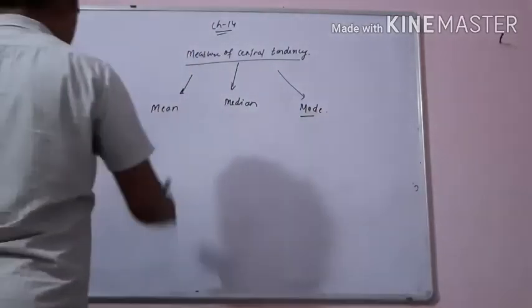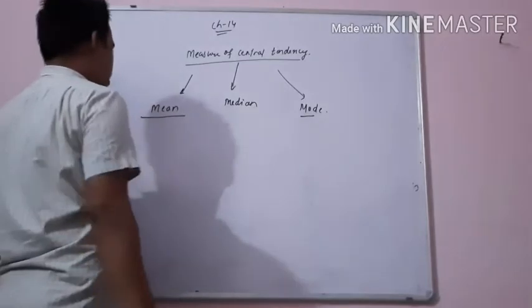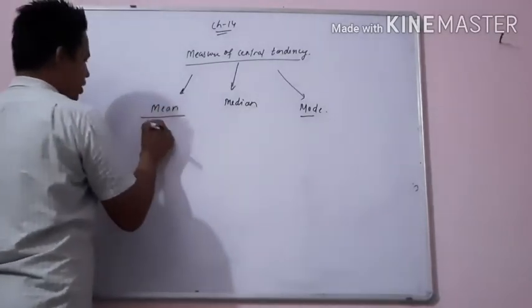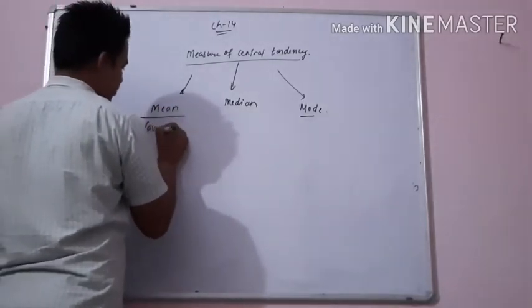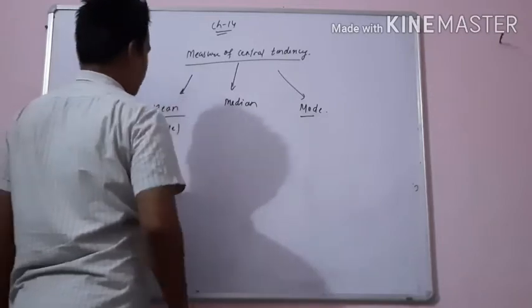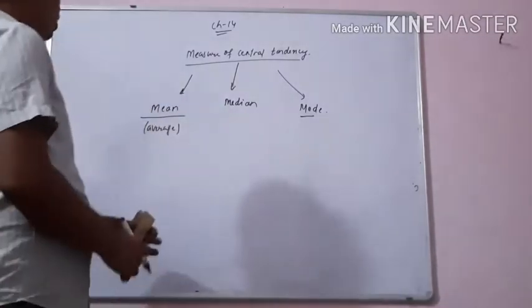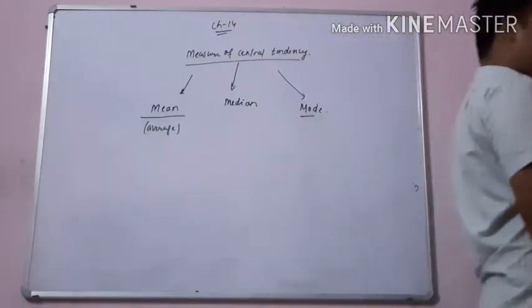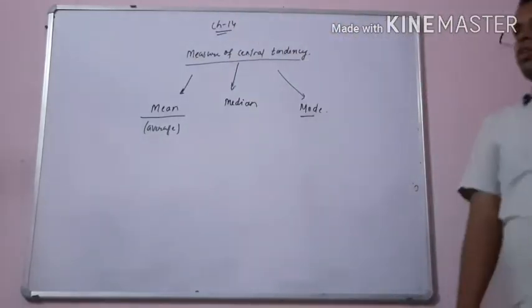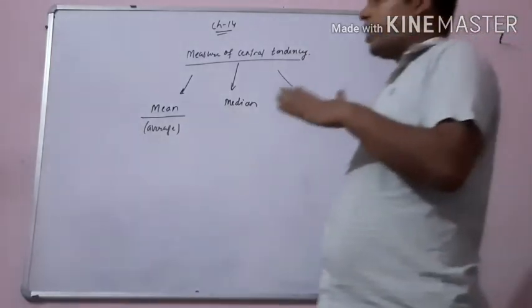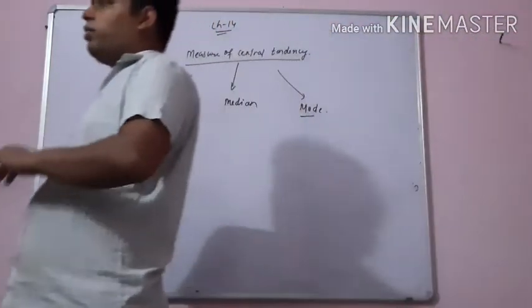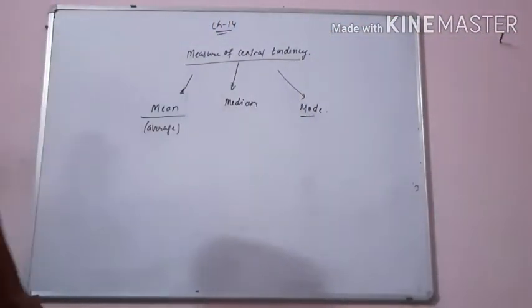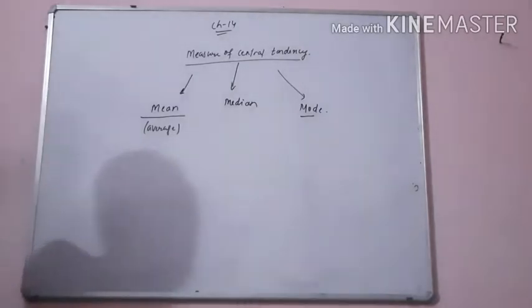Now, mean, we can say, is the average of the given information or data. In the case of mean, we have to add all the data values and divide by the number of data values.